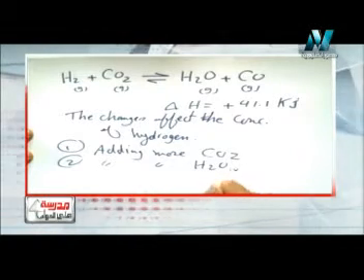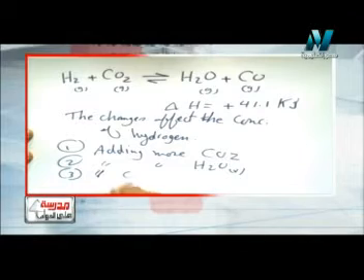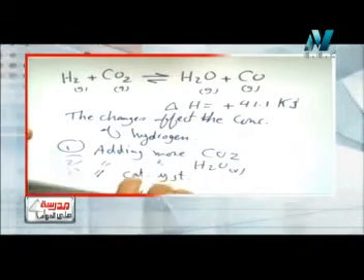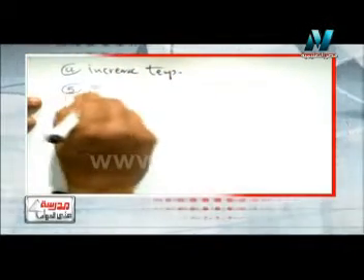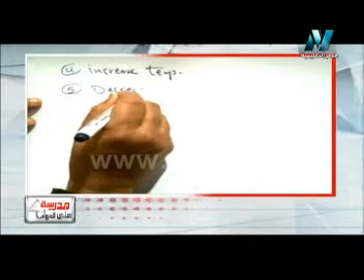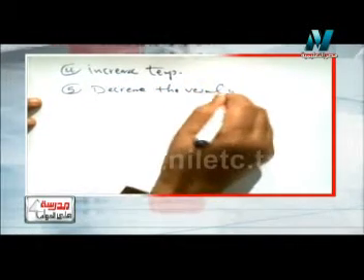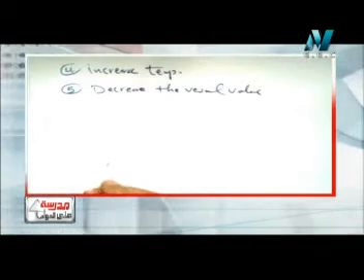Adding catalyst. 4. Increase the temperature. 5. Decrease the vessel volume. We know that this means increasing the pressure, because the volume and the pressure are inversely proportional at constant temperature.